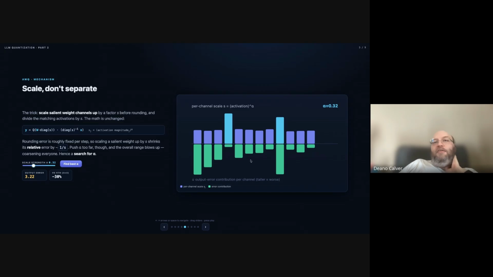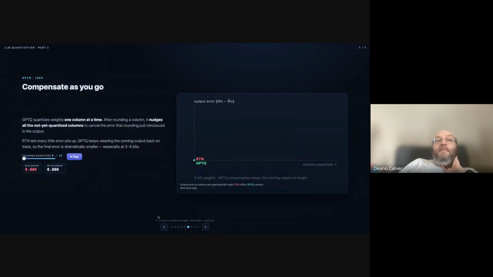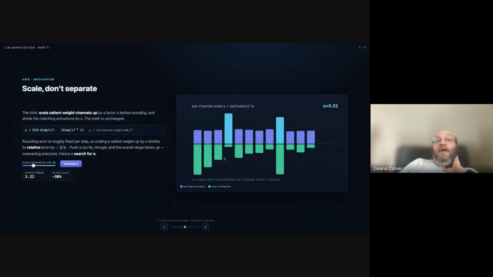And because we know that they're the important channels, in theory, this gives you a lower error rate in your weights. And that's basically AWQ. It's actually very, very simple once you get the idea that you can figure out which weights are important, and that's the harder part of it.